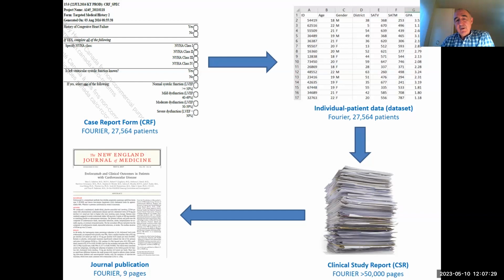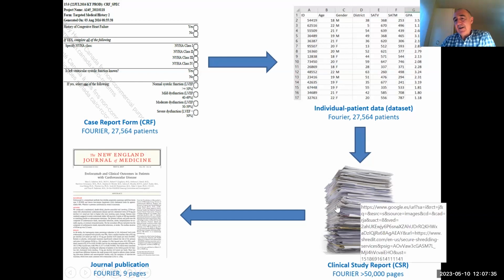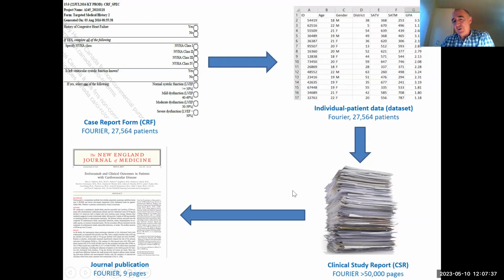If we go back in this slide to the clinical study report, we can tell that nowadays this information is becoming more and more available, though not fully available. If we go back to the data set, we can tell that this is hardly available, but in some cases you can get access to it.